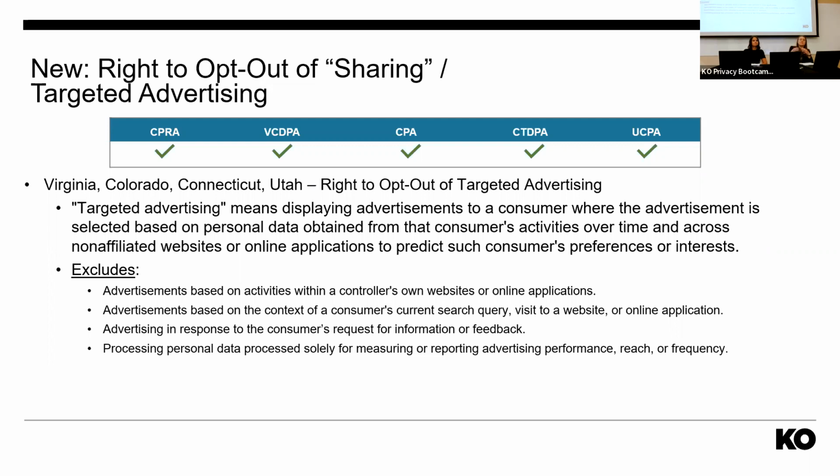In addition, all these laws have clarified that contextual advertising is still okay after the targeted advertising opt-out. It's a pretty common approach even now in other jurisdictions where there's been an opt-out to certain types of data sharing. We can still display contextual advertisements. That just means I'm not looking at Malia Rogers and saying, okay, Malia liked this flavor of Triscuit, so I'm going to advertise this other type of cracker based on the fact that she liked those Triscuits.